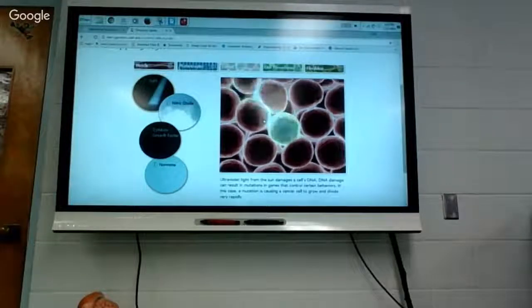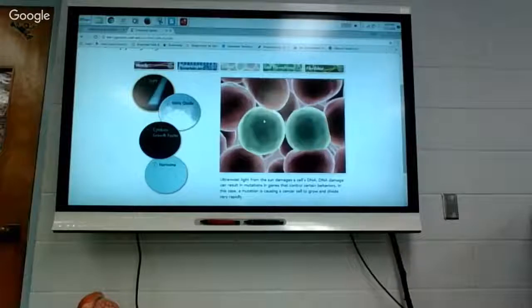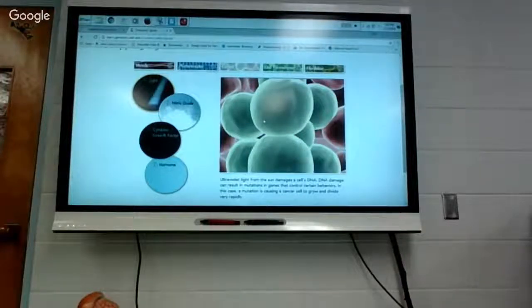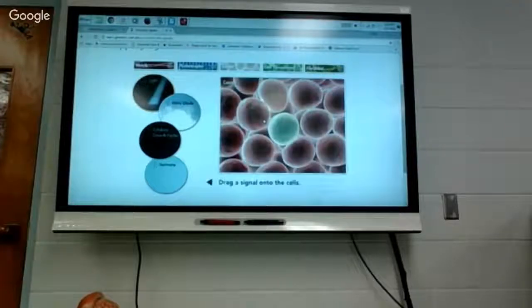Ultraviolet light from the sun damages a cell's DNA. DNA damage can result in mutations in genes that control certain behaviors. In this case, a mutation is causing a cancer cell to grow and divide better.